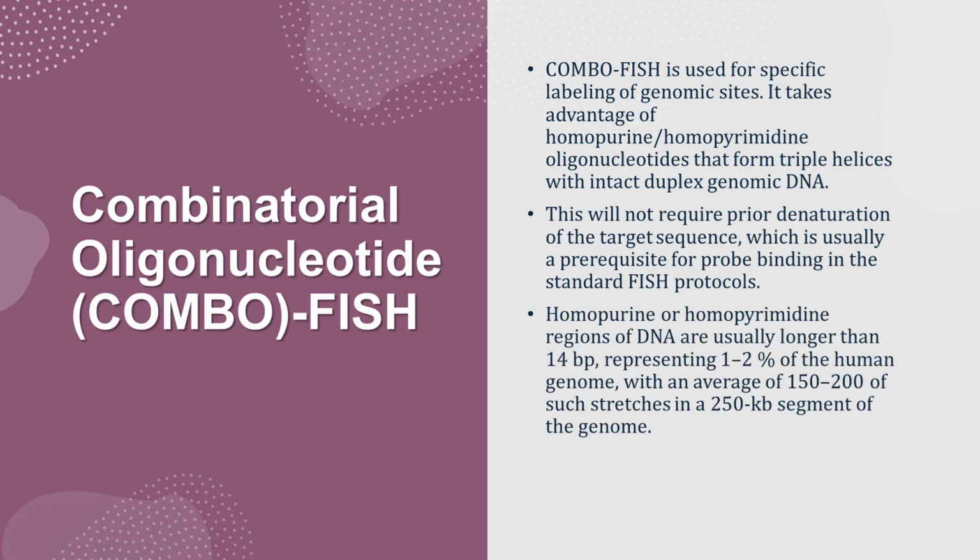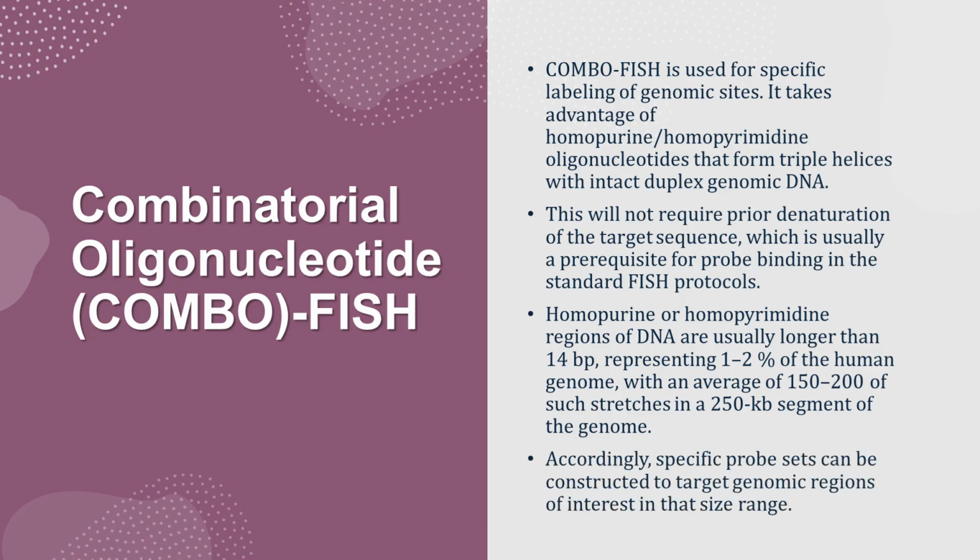Homopurine or homopyrimidine regions of DNA are usually longer than 14 bp, representing 1 to 2% of the human genome, with an average of 200 such stretches in a 250 kilobase segment of the genome. Accordingly, specific probe sets can be constructed to target genomic regions of interest in that size range.